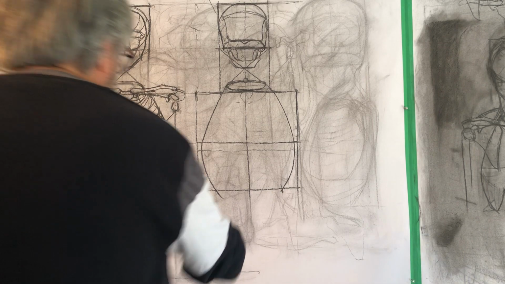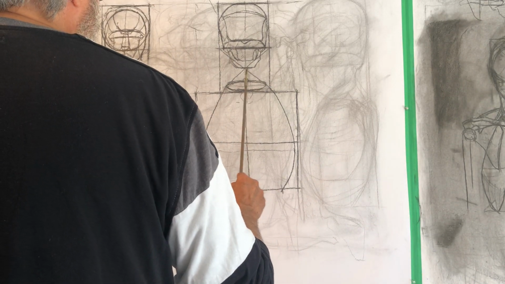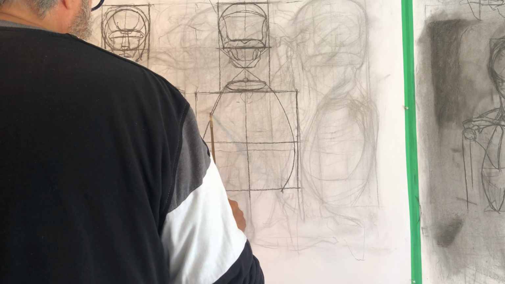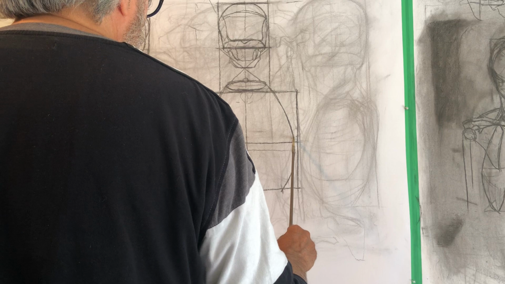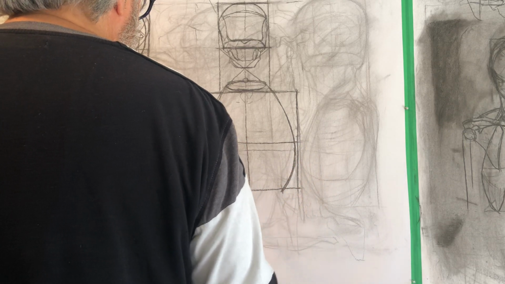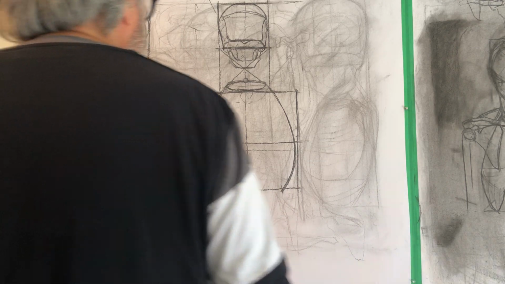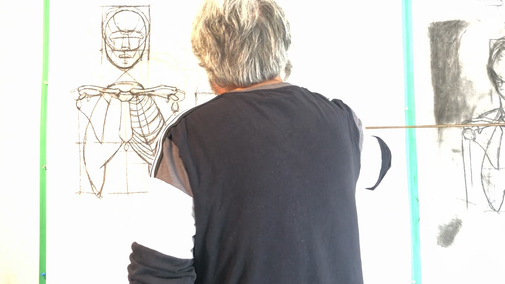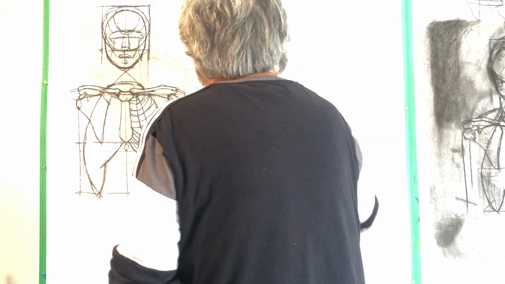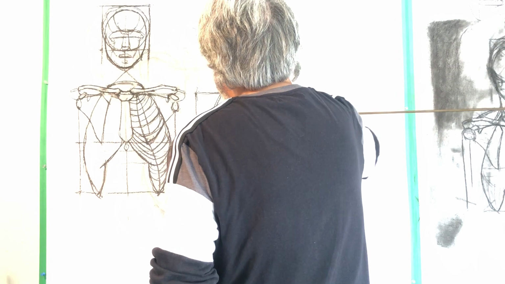Okay, so we come up with our generalized shape for our rib cage from the back view. Make my checks one more time. Okay, good. Let's keep things on target.